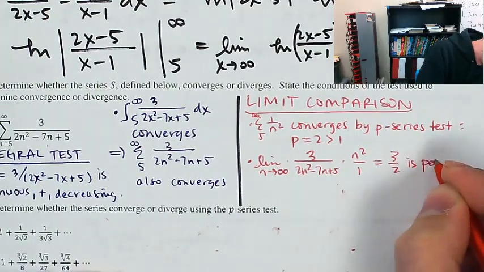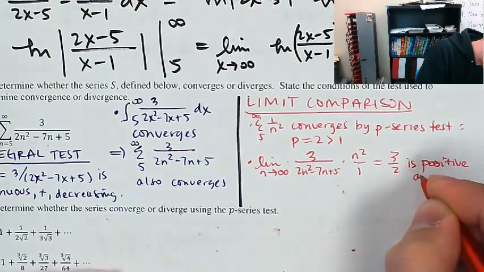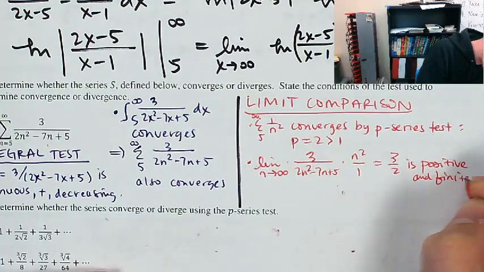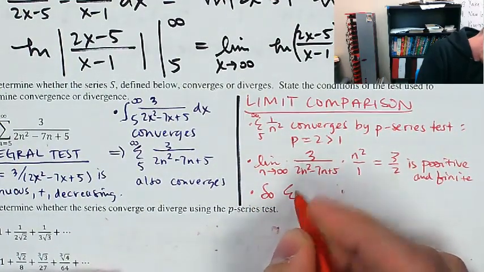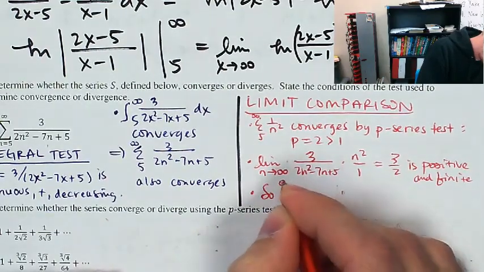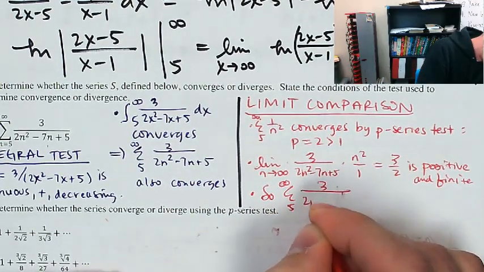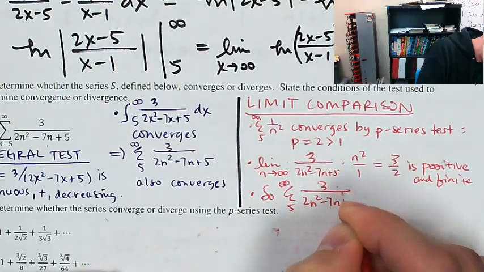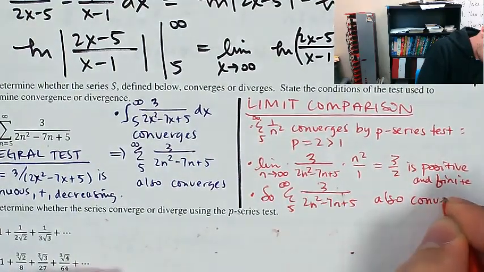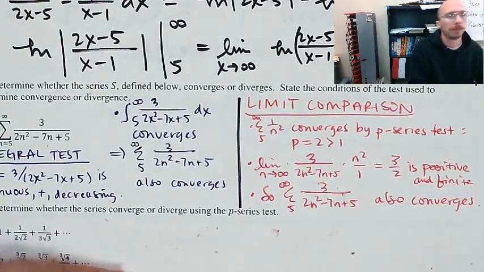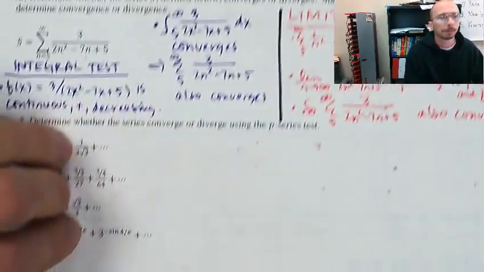That is positive and finite. Therefore, the sum from 5 to infinity of 3 divided by 2n squared minus 7n plus 5 also converges. Same conclusion, right? Two different ways.